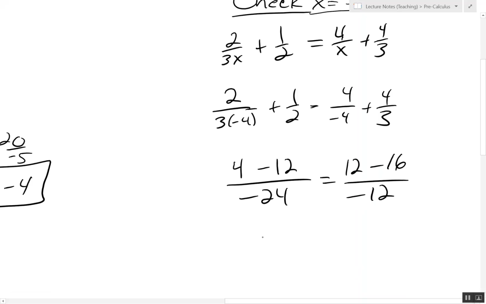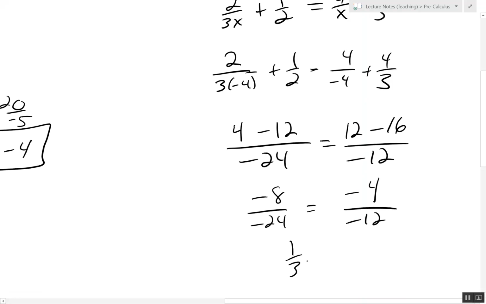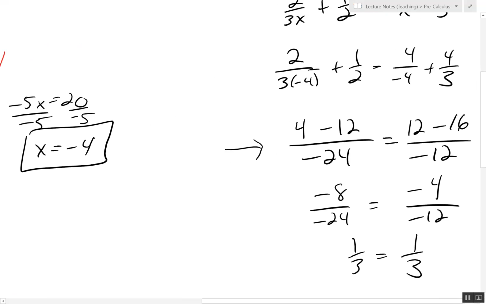On this side, we will get a negative 8 over negative 24. On this side, we will get a negative 4 over a negative 12. And these both reduce to a third. If you're not sure what I did on this step, please ask me. I did use a little trick here, and I'd be happy to show you that in person, but it's really not the point of this problem.